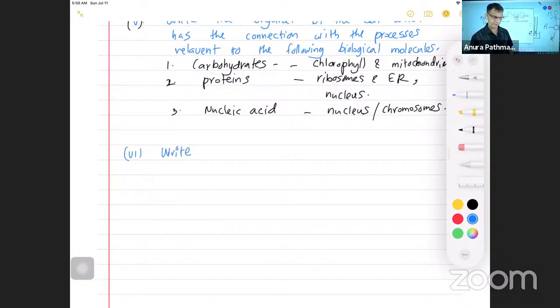The element which is important in the following.